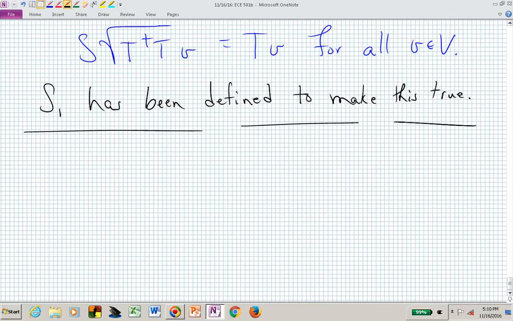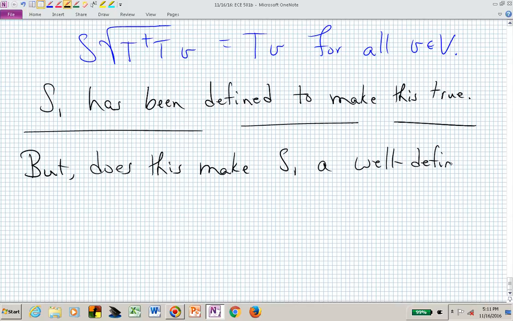What we have to ask, though, is does this make the map that we've created, S sub 1, a well-defined linear map?